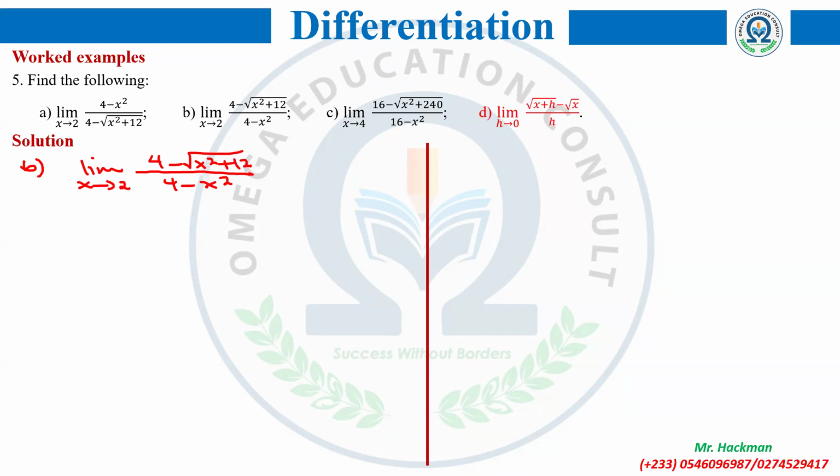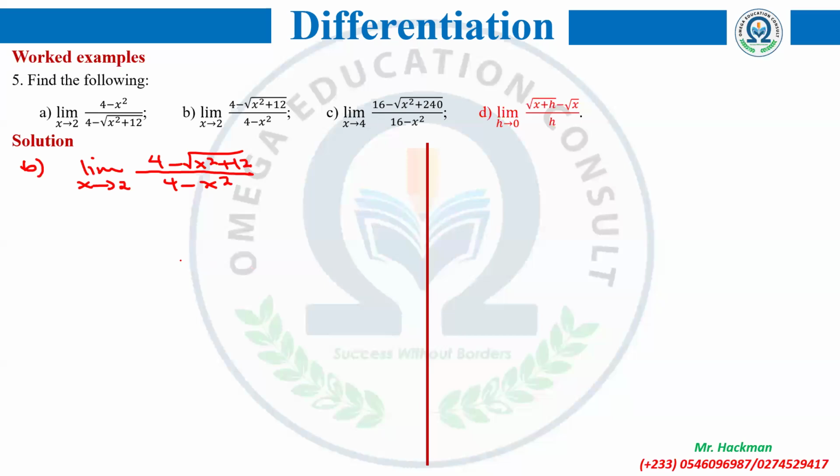Yes, sir. Now I am going to rationalize, only that this time around, for your first time, you are rationalizing the numerator. In terms of limits, we rationalize both numerator and denominator to achieve a particular purpose. Is my point well made? Am I clear enough? Yes, sir.